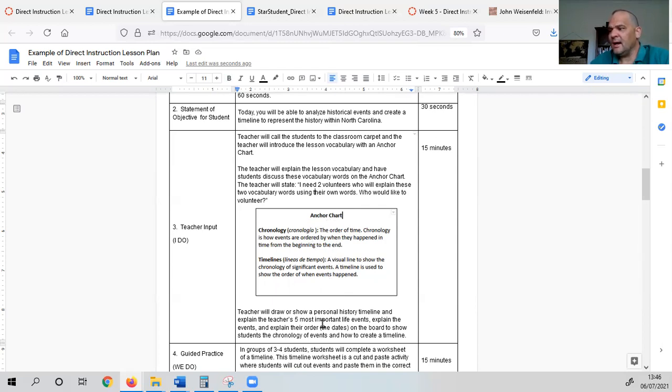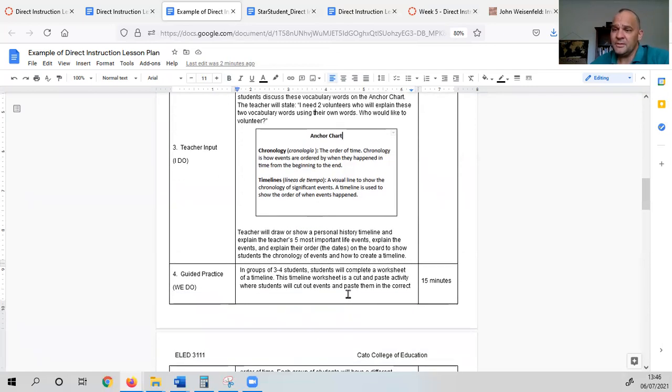And then I'd show them a personal history timeline, like 5 events in my life that had been the most important events, to show that history is not only something connected to a state or to an individual, but it's also personal. That's where we learn about history, when we can connect it to our own personal lives. All right, so that would be the I do part.